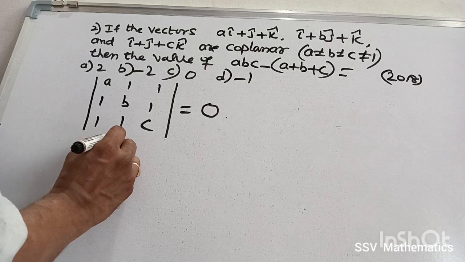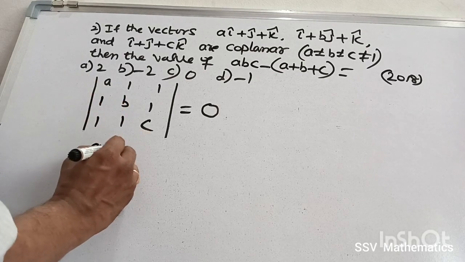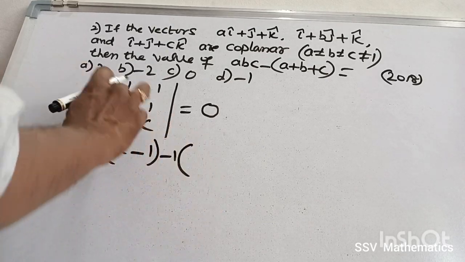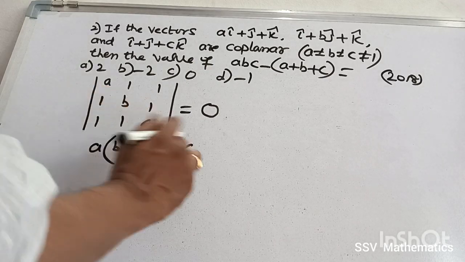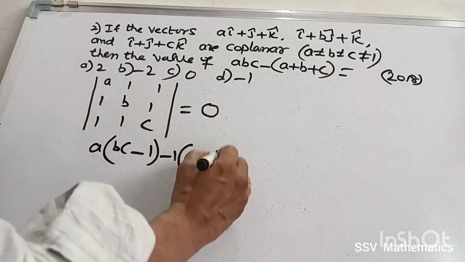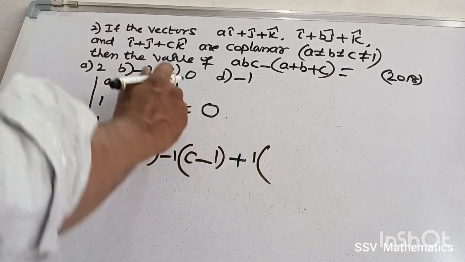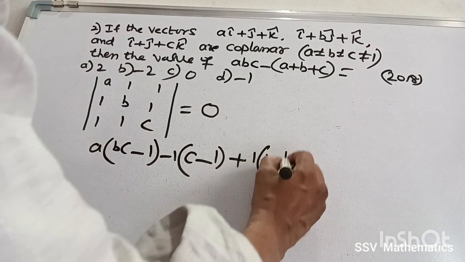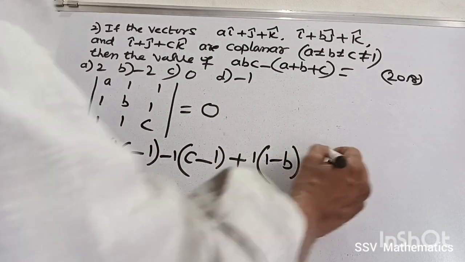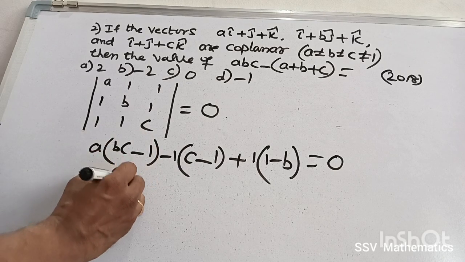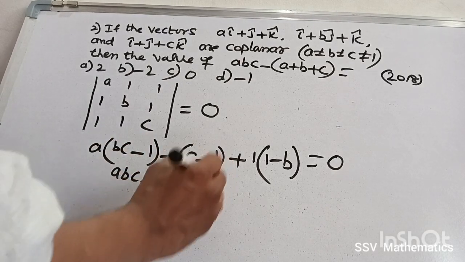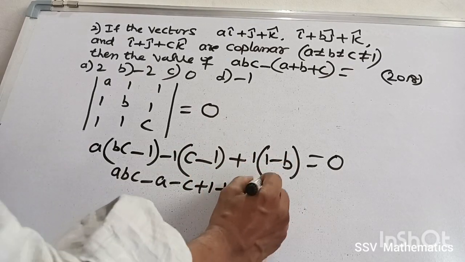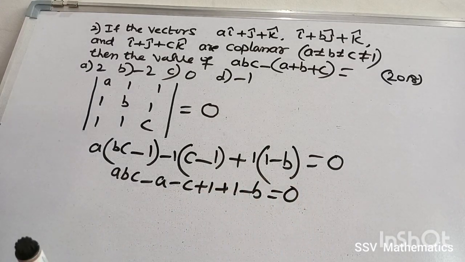So a into bc minus 1 into 1, 1. Next minus 1 into, deleting this row and this column, 1 into c minus 1 into 1, 1. Plus 1 into, deleting this row and this column, 1 into 1 minus 1 into b, 1 minus b, equal to 0. So multiplying, abc minus a, minus c, minus 1, plus 1, plus 1, minus b equal to 0.